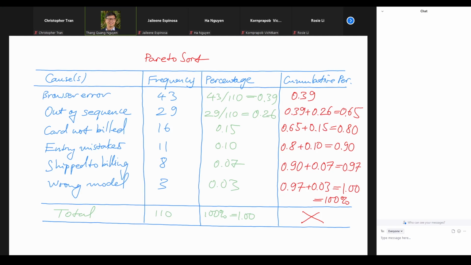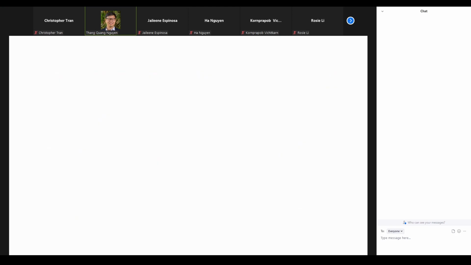All right. So next, what we want to do is we would like to draw a chart, a diagram, right, to reflect upon the numbers that we have here. So it will look like the following. So this is called the Pareto diagram, right? It looks like the following. So we lay out the causes horizontally.